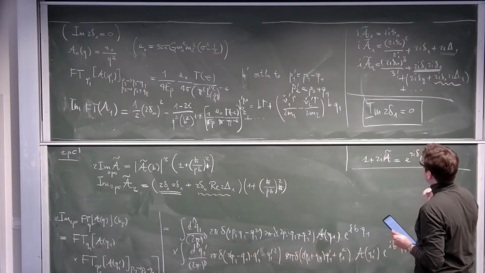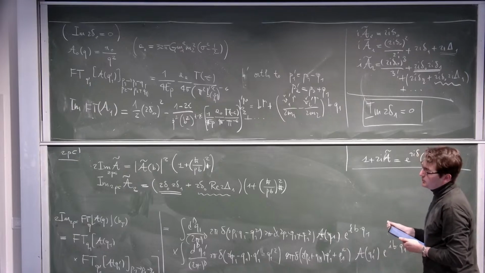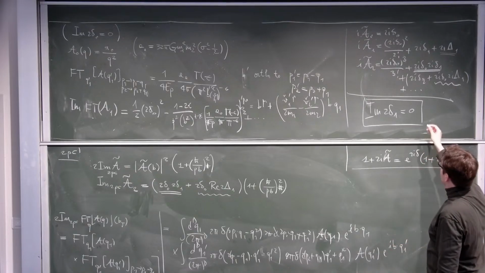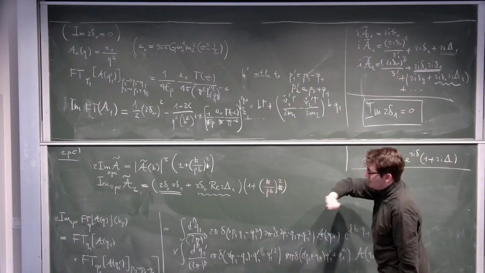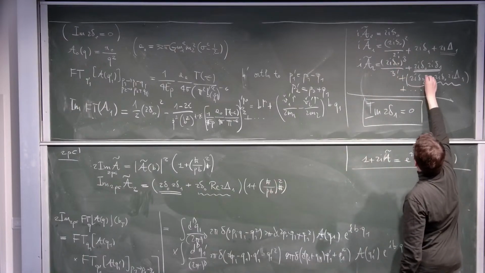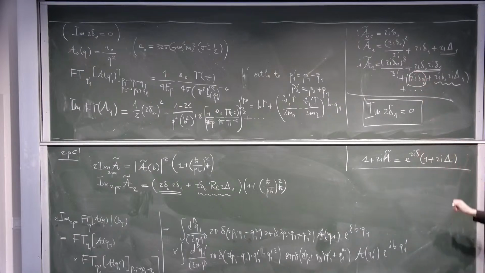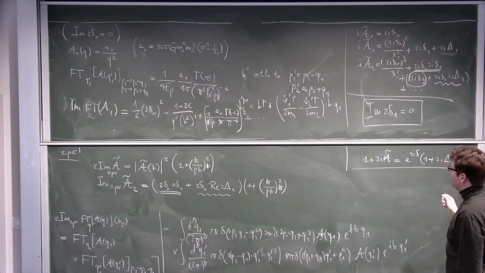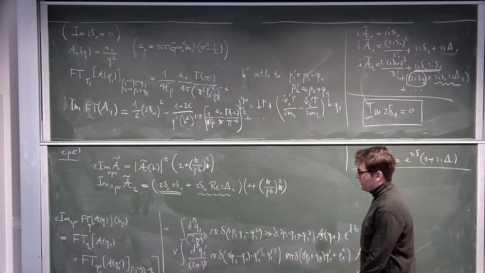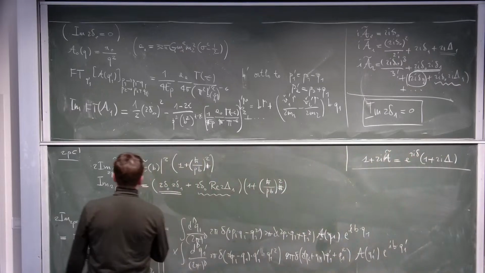So there are two possible conclusions. The first one is that delta 1 is real. And by the way, this piece only contributes to the real part, so that's why it doesn't appear there. Now what we are trying to do is to conclude something about the imaginary part of delta 2. There are two possibilities: either it is real, or it has an imaginary part, but then it cannot come from the two particle cut.